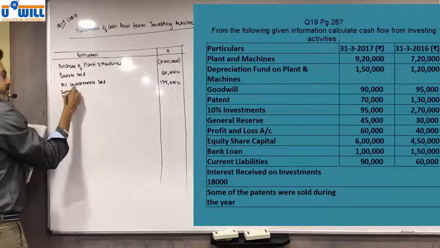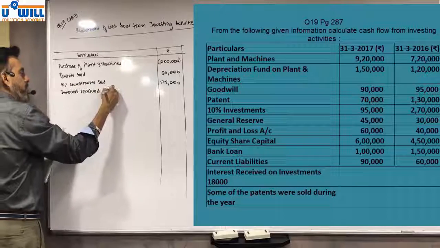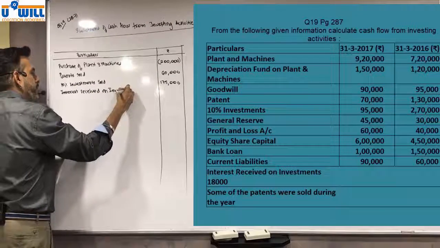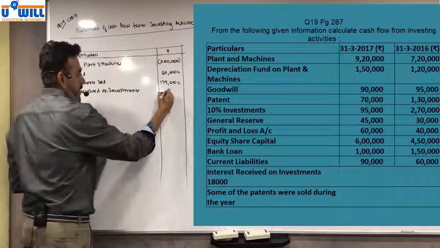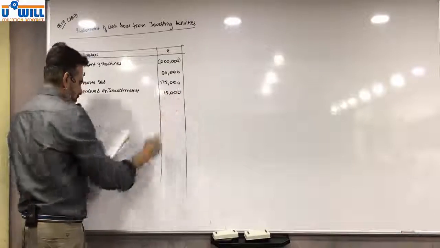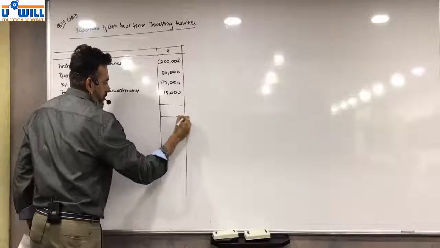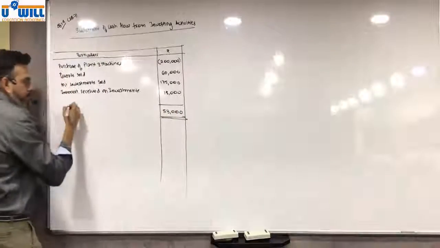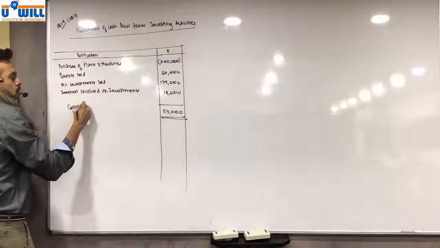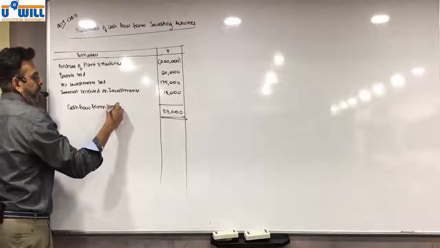And then interest received on investment, already given, 18,000. Rest all will not come. So total 53,000 positive. Cash flow from investing activities.